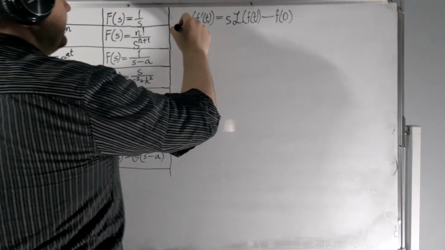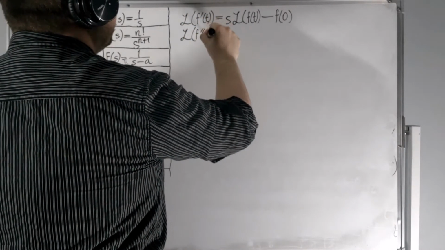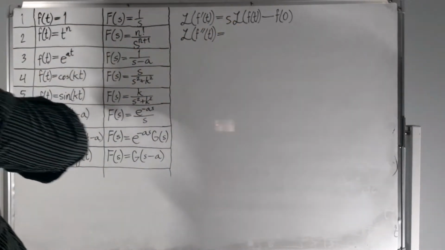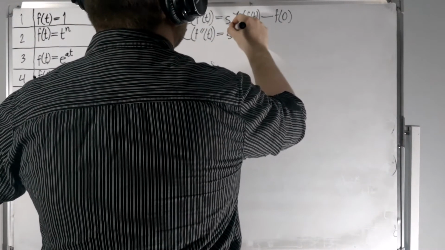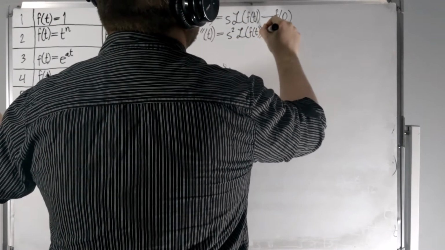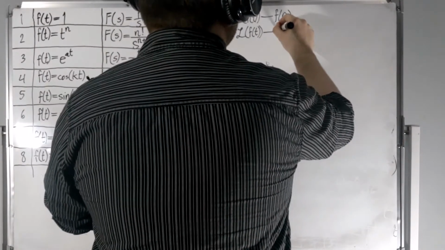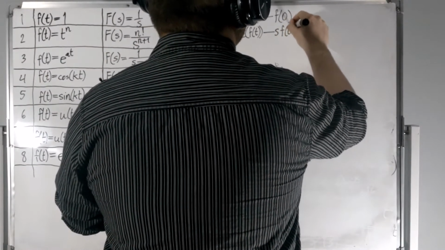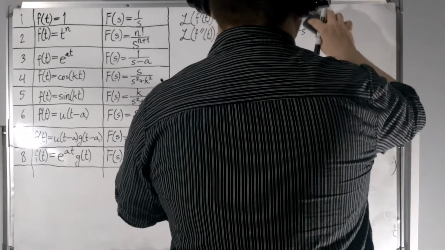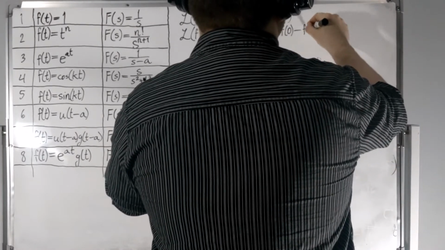And you can also compute that the Laplace transform of the second derivative is going to be s squared times the Laplace transform of the original function minus s times f of 0 minus f prime of 0.